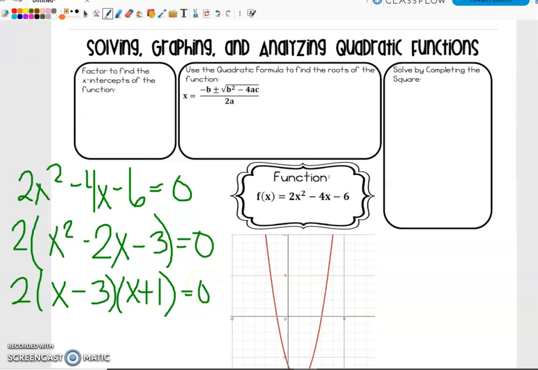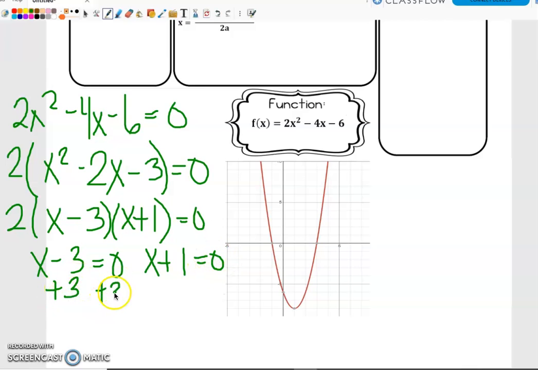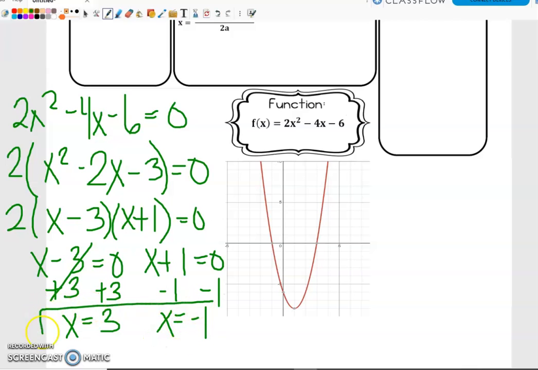And then when you set each one of those equal to 0 and solve for x, so you add 3 to that one, subtract 1 from that one, so we have x equals 3 and x equals negative 1. And so that is your solving by factoring. We don't have to worry about that 2 in the front because when you set 2 equal to 0, that gives you no solution.